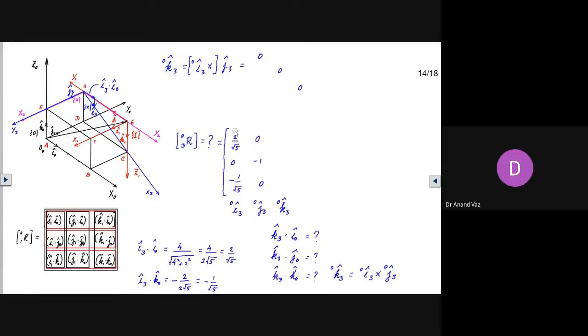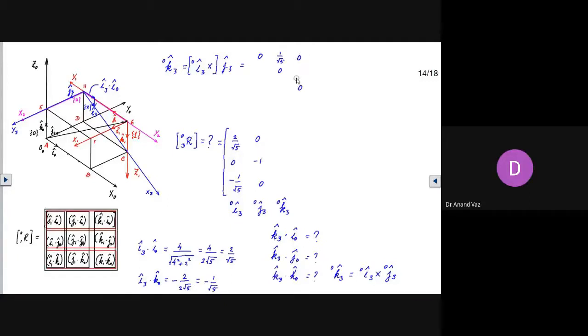So we'll have to consider the first column, right? So this is minus of the Z component. That means 1 by root 5. Here you have the Y component, which is 0.